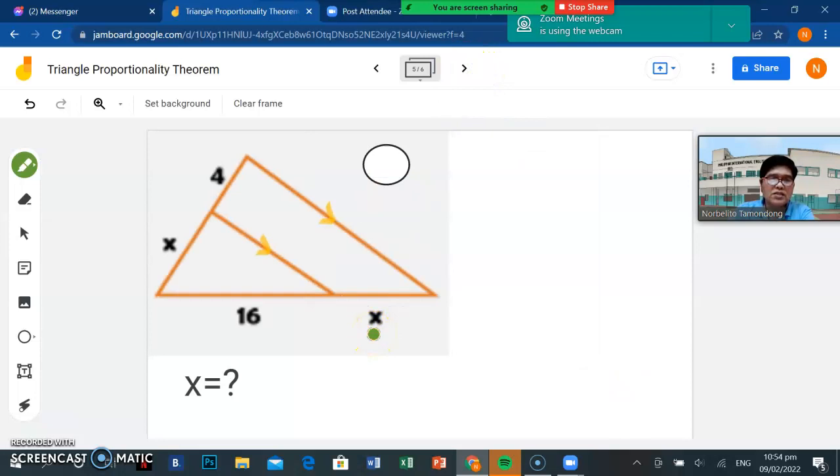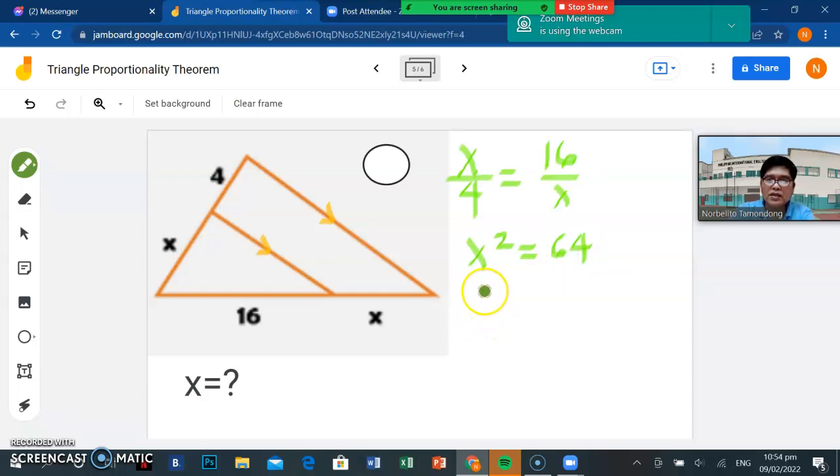Next is solving for x again. So here the ratio is x is to 4 is equal to 16 is to x. If we cross multiply, x squared is equal to 64.